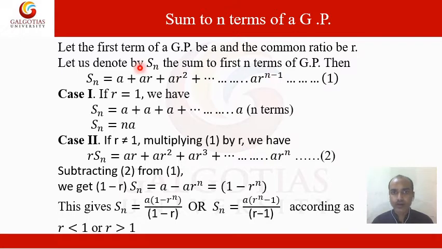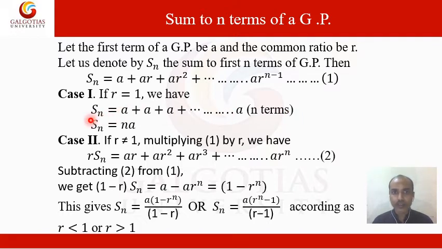Now two cases arise: first, when r equals 1, and second, when r is not equal to 1. First of all, we will discuss when r equals 1. That means the common ratio of GP is 1. When the common ratio of GP is 1, then equation 1 becomes Sn equals A plus A plus A, and so on up to n terms, because we need to find the sum of first n terms of GP.